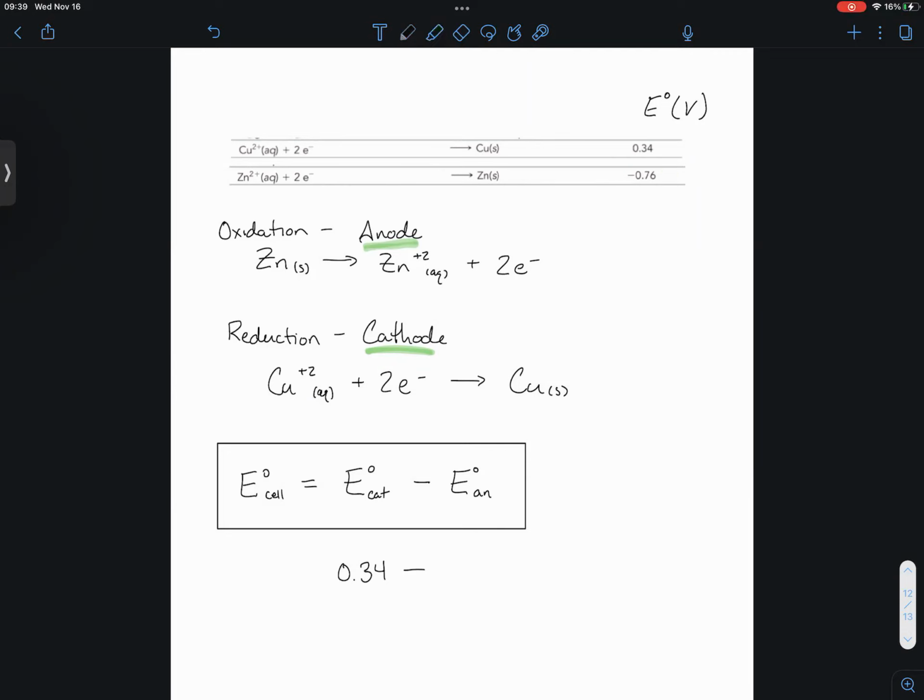So I'm going to subtract negative 0.76. So what I will find is that the potential of my cell is 1.1, if I'm being good on sig figs. And again, the units are volts.